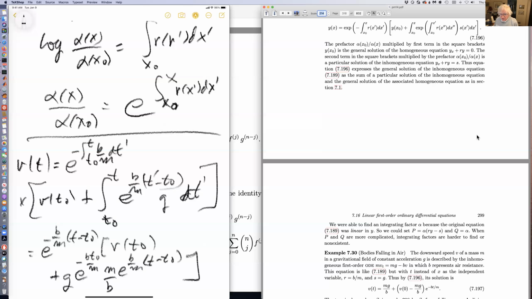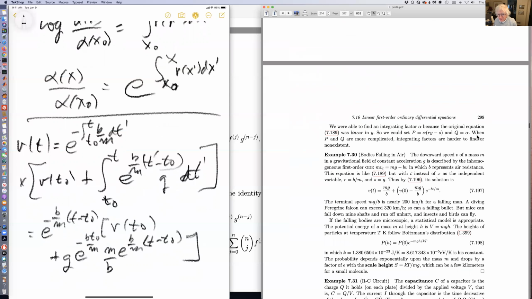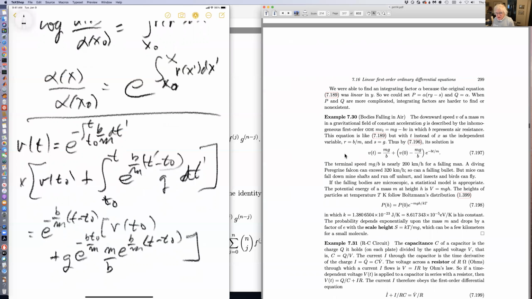Okay, well, let us hope that I actually did this correctly, because the answer here is before us, namely it's an e to the minus b t over m times a factor here, and then this factor here.